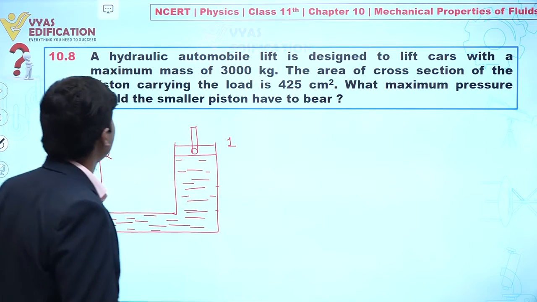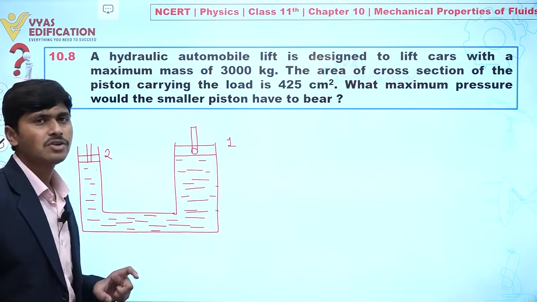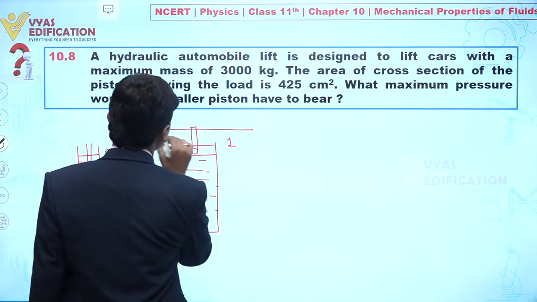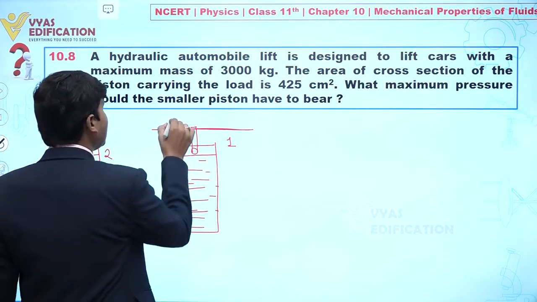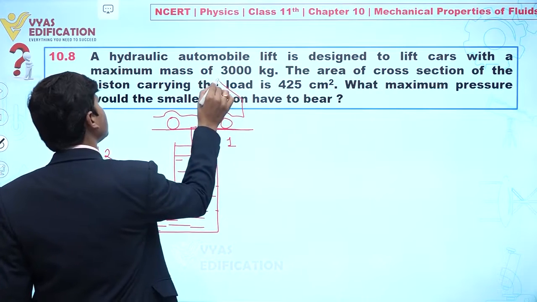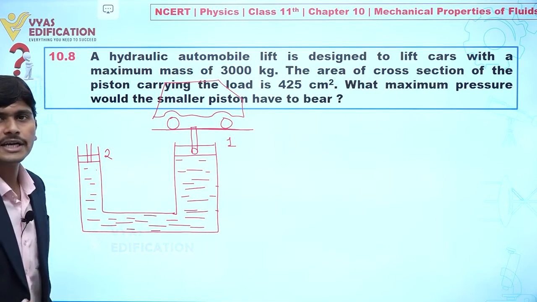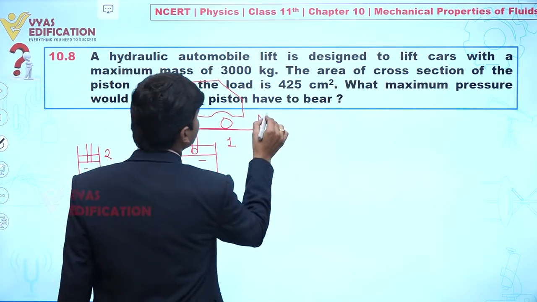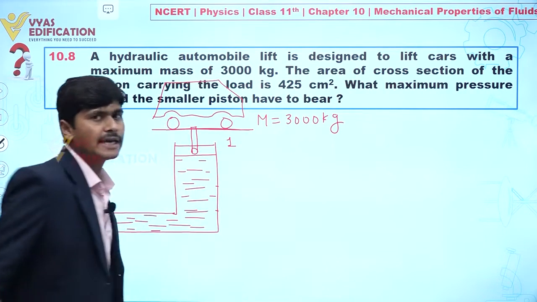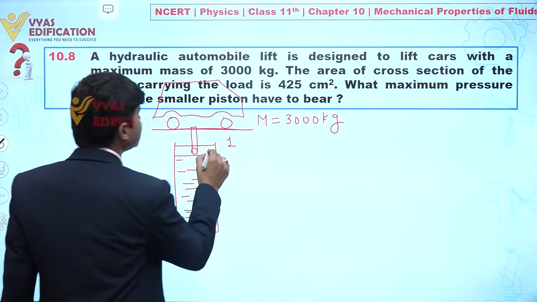A hydraulic automobile lift is designed to lift a car with a maximum mass of 3000 kg. So let's suppose here we have a platform, and here we have a car. The maximum mass that this platform can lift is 3000 kg.